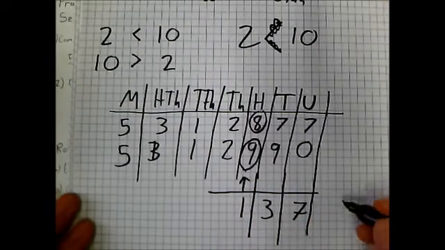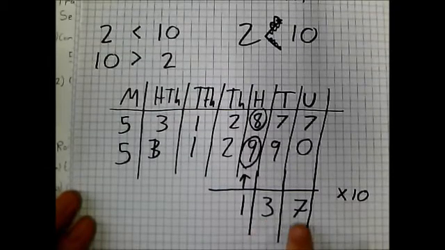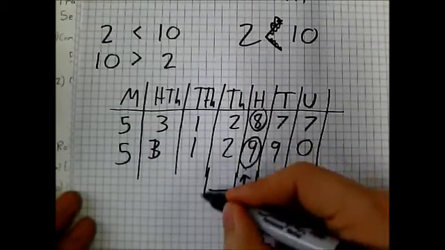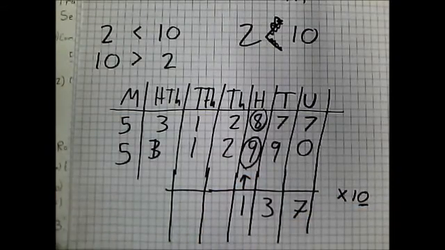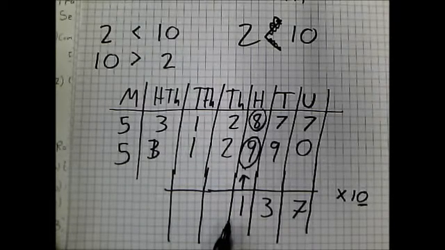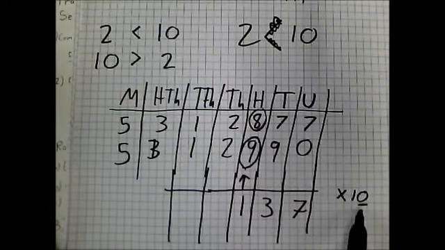Okay, now when I multiply by 10, all of my digits are going to move one place to the left. Okay, sorry about that, slight interruption. So all my digits are going to move one place to the left because we're multiplying by 10.